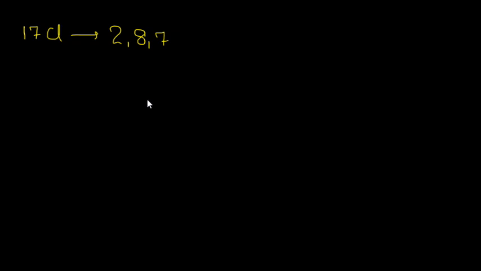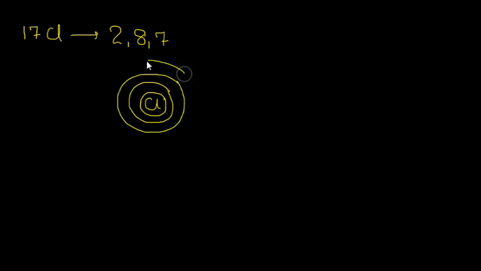So if we draw a chlorine atom, this is the nucleus, this is the first shell, this is the second shell, and this is the outermost shell, that is called the valence shell.